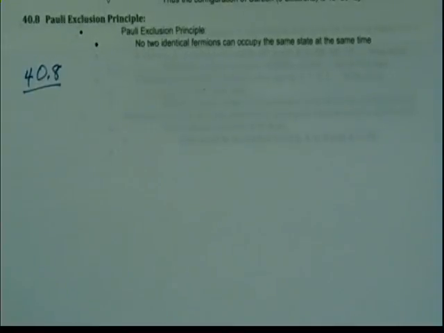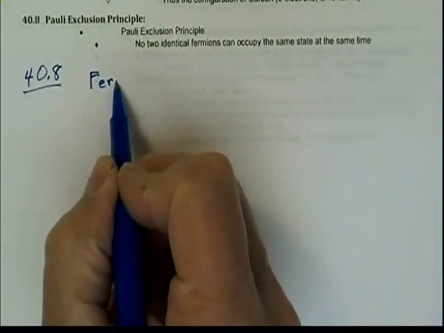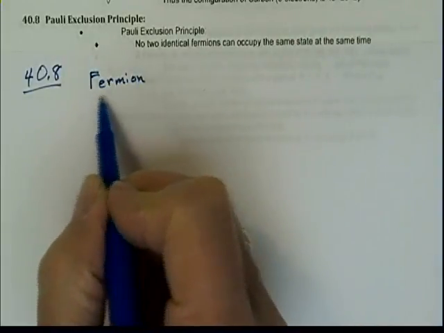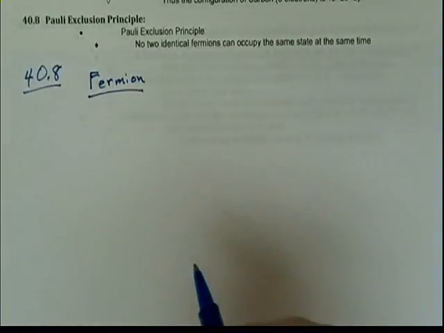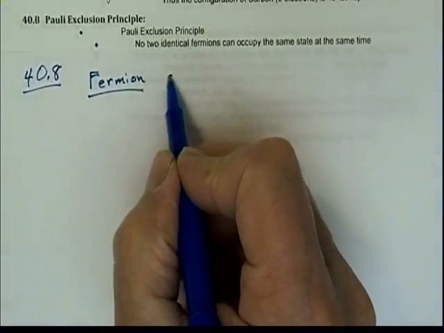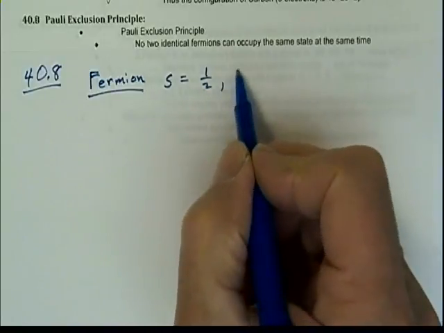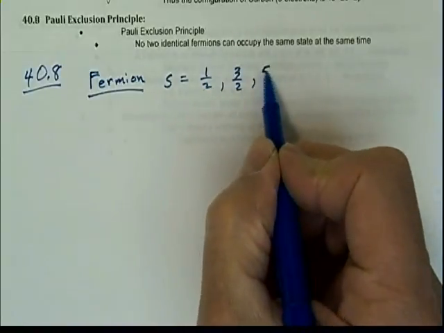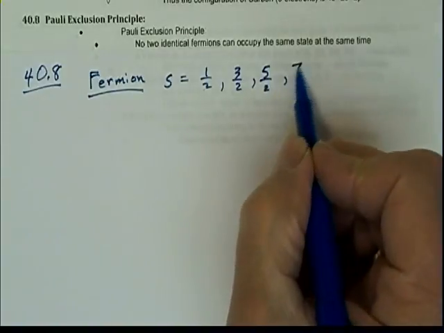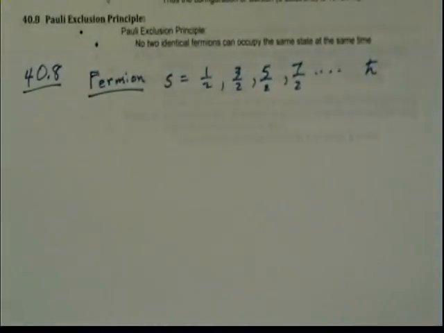The Pauli exclusion principle is based upon two different types of particles that are identical. One type of particle is called a fermion. It's named after Enrico Fermi, and these particles have a spin equal to 1/2, 3/2, 5/2, 7/2, and so forth, times Planck's constant divided by 2π.